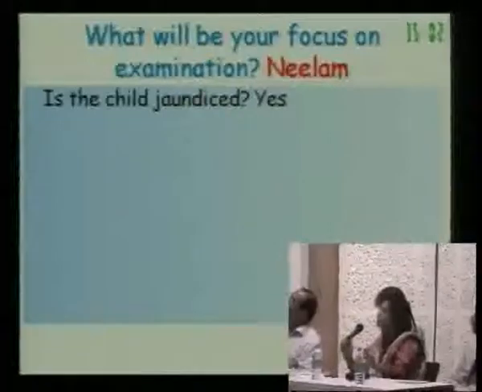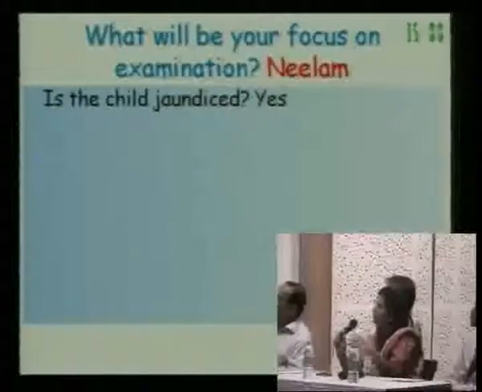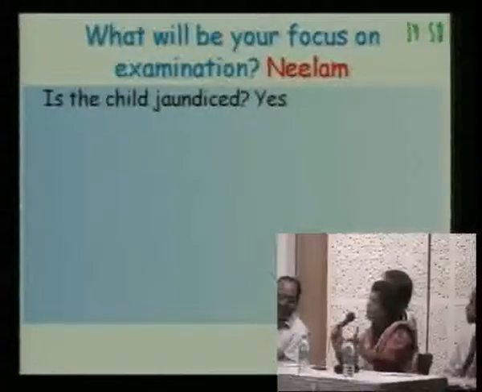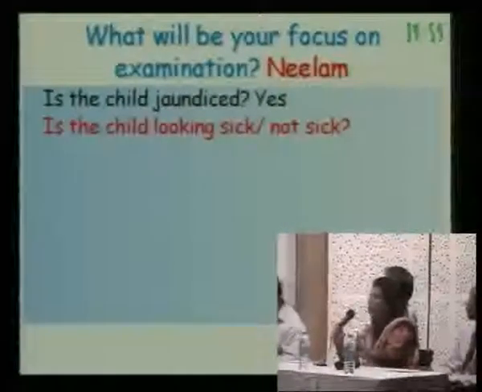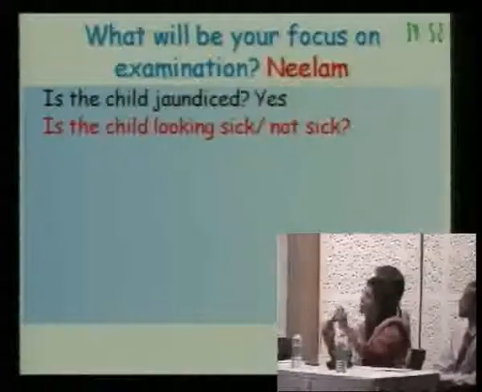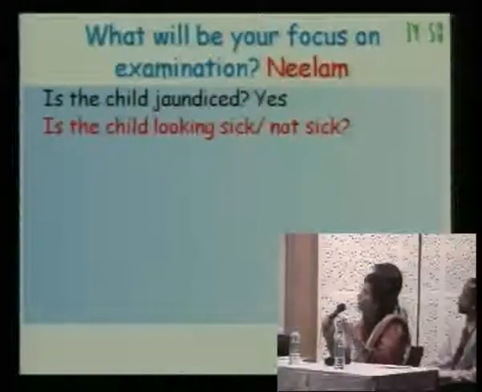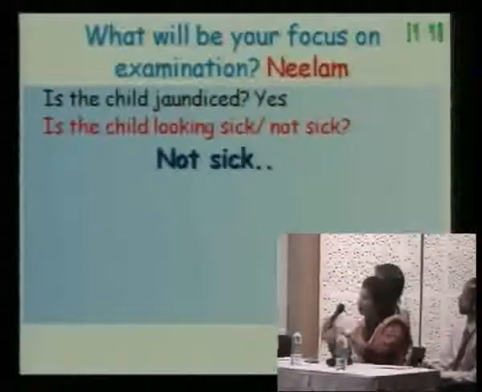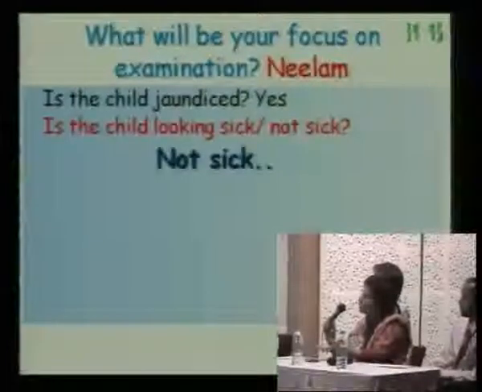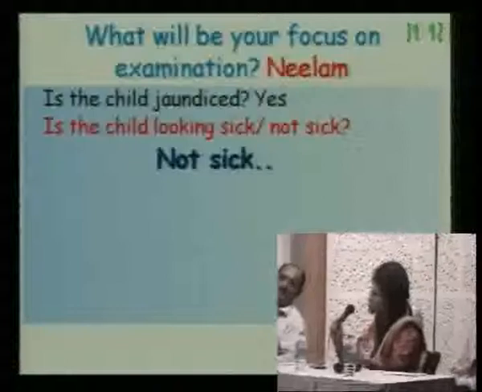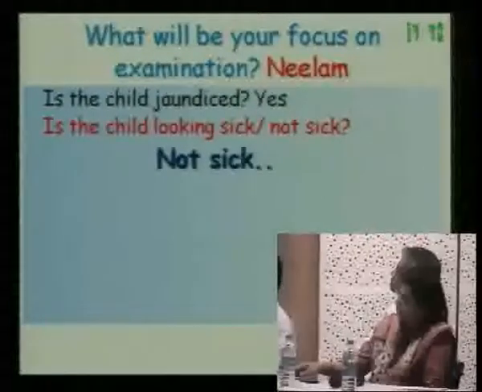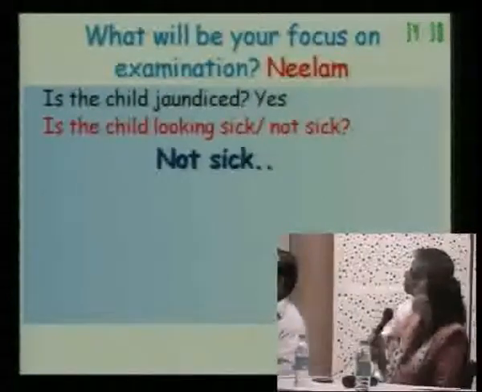And then, is the baby sick or not sick? So these are the things: the age and the sickness of the baby. Then I will decide on examination how the organomegaly is, whether there is liver, spleen, edema, etc. First, the baby is not sick.